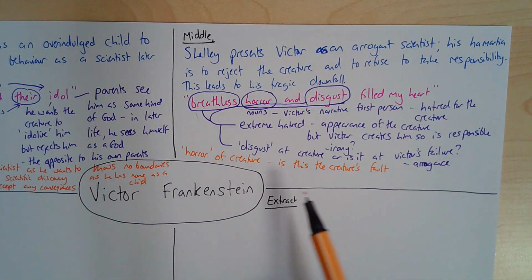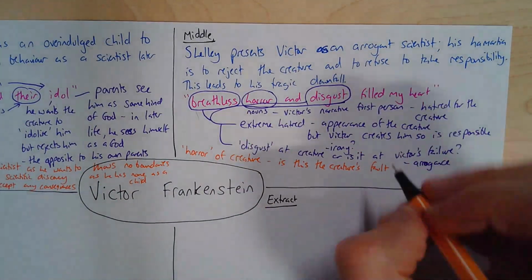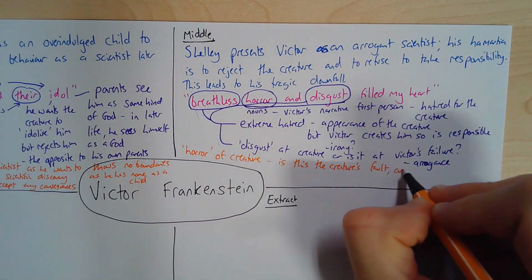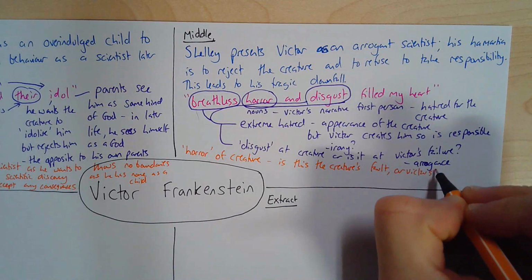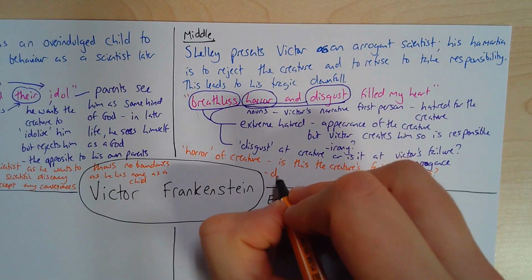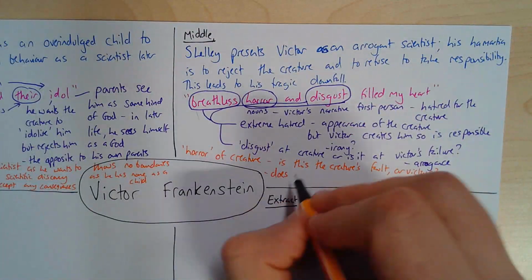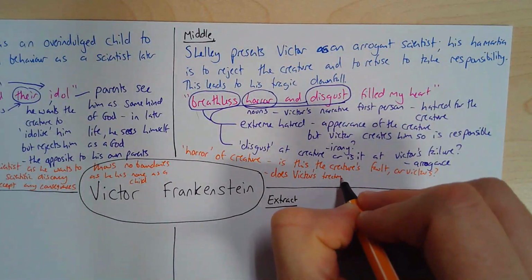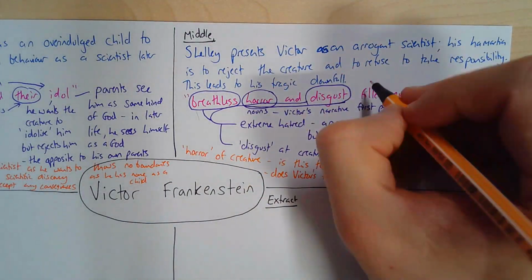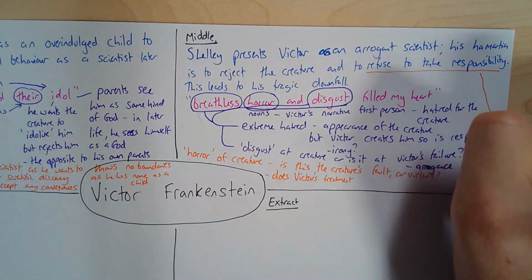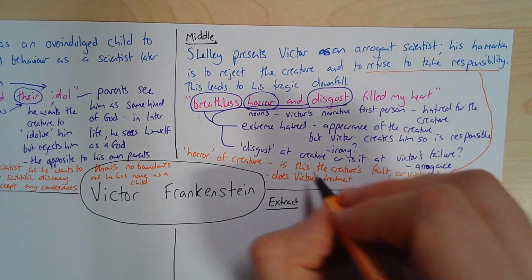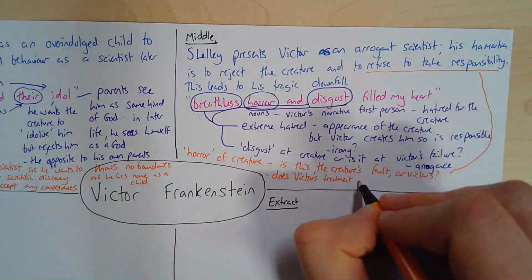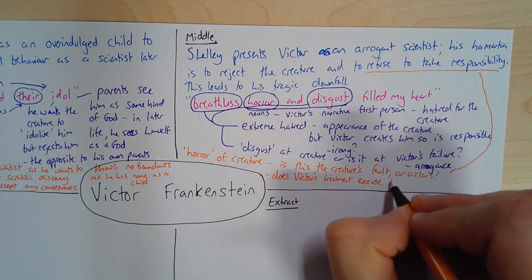Is it the creature's fault that his appearance is horrific, or Victor's? And does Victor's treatment, Victor's refusal to take responsibility, excuse the creature's behaviour?